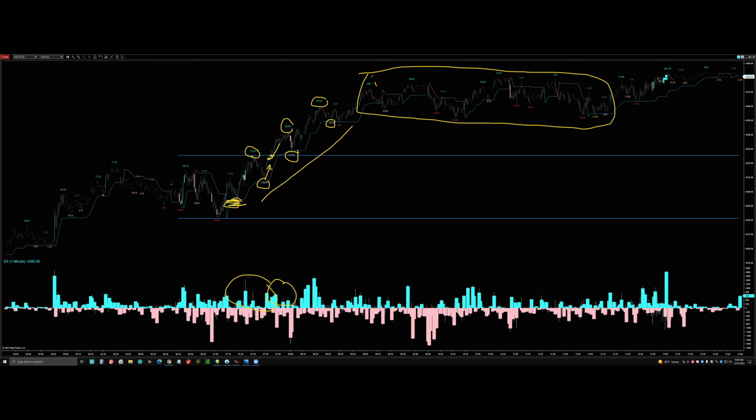It became higher volume, lower volume, higher volume. See what I'm saying? It went from being a one-way conversation with the aggression only on the buy side to being a two-way conversation for a few hours. And then we got a little bit more of the trending behavior going into the close, and the session ended.